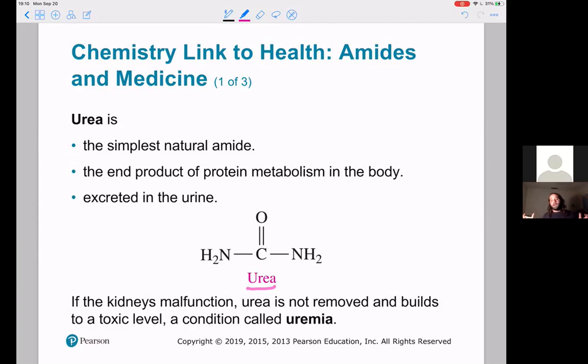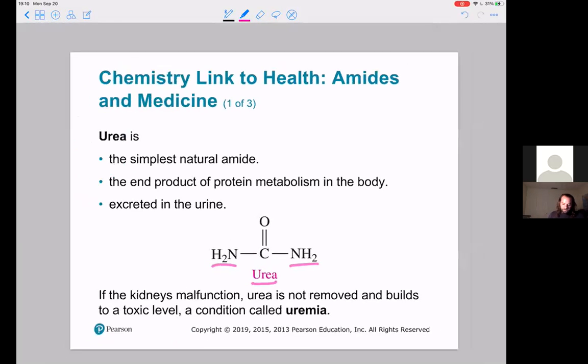For the longest time, they thought that human bodies were special and didn't share the same chemistry as every other compound. So when they did this, they proved that everything going on in here is just like what they've been studying outside of the human body. Notice it's an amide that now has 2 nitrogens on either side. It's its own special little compound.